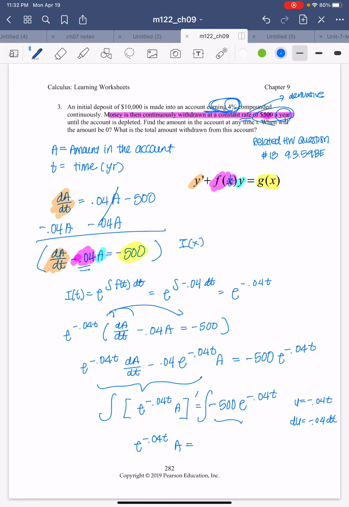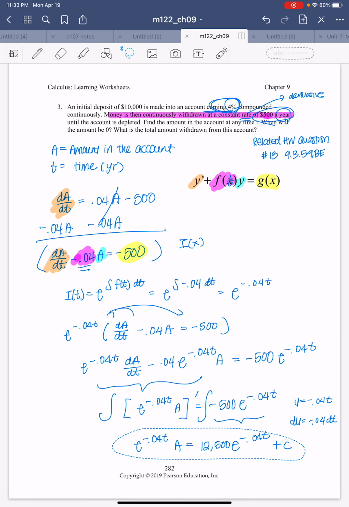So I'm going to let you do the u substitution. You should at the end have 12,500 e raised to the negative 0.04t plus C after you do the u substitution. I'm going to divide each side by e raised to the negative 0.04t, so we are having A by itself.